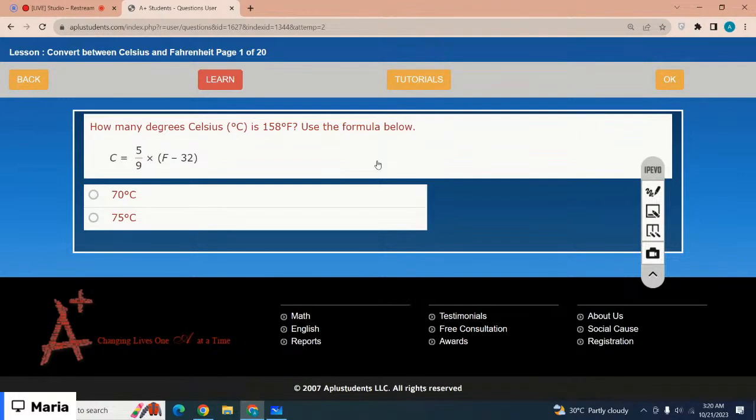You're also given the formula, that is 5 by 9 times F minus 32. So just replace the F with a value. The F is 158, right?